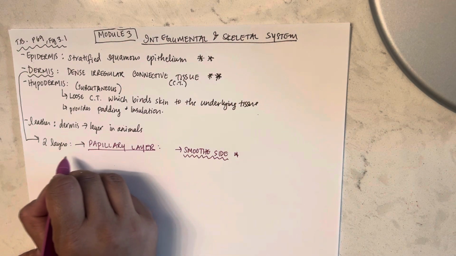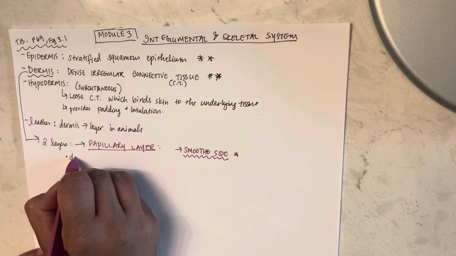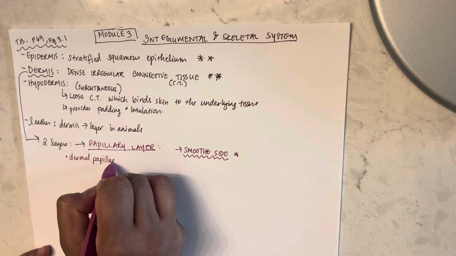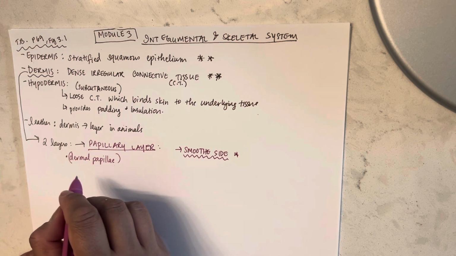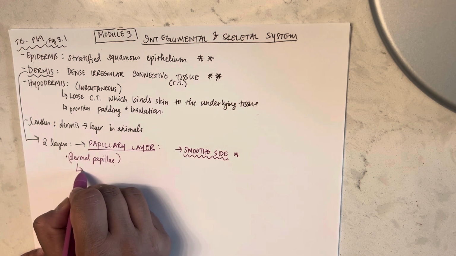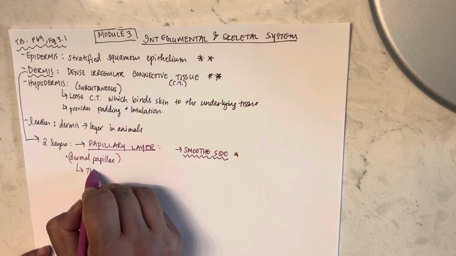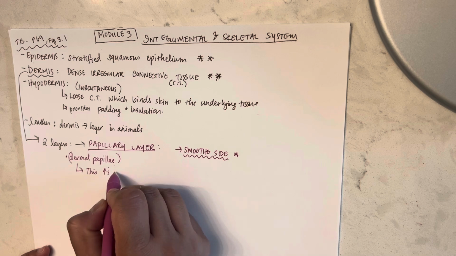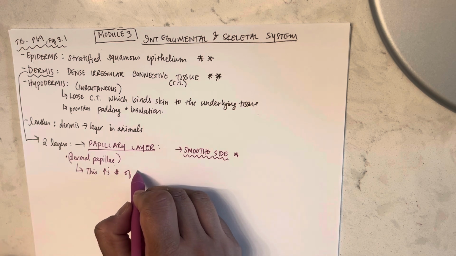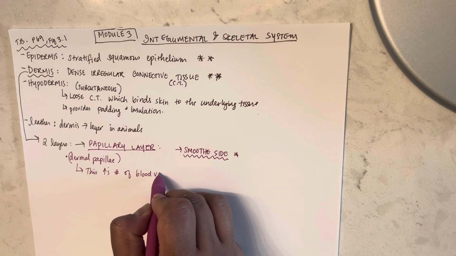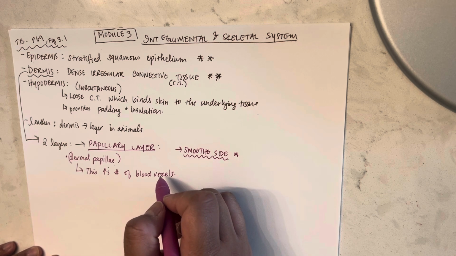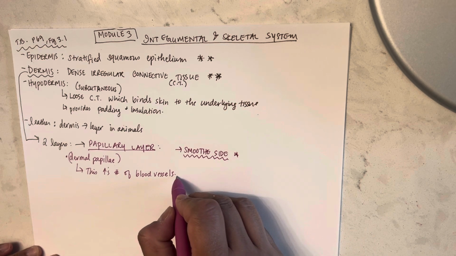So the papillary layer contains dermal papillae. Okay. So what does this do? This increases, it has increased number of blood vessels. So what does that mean?